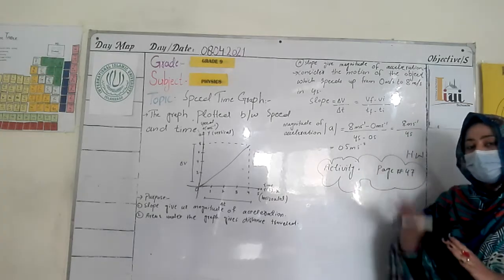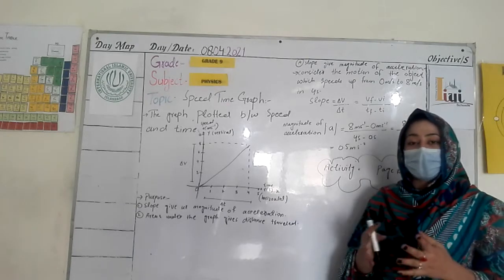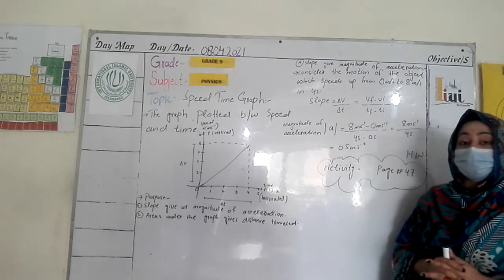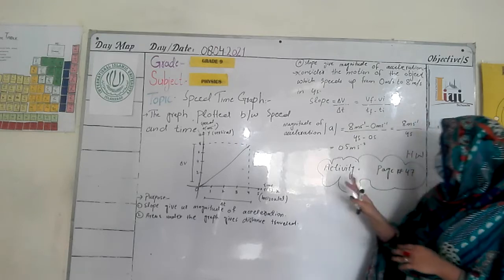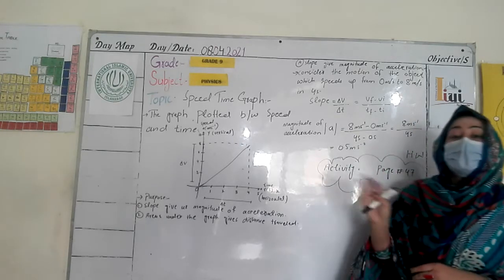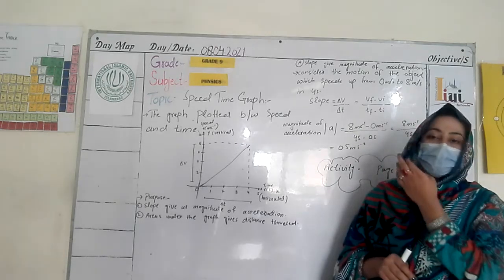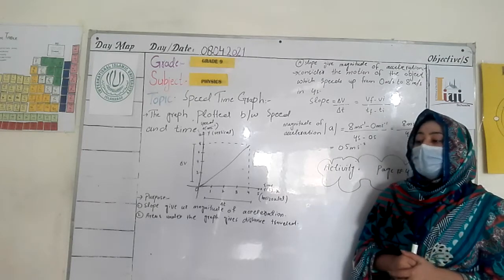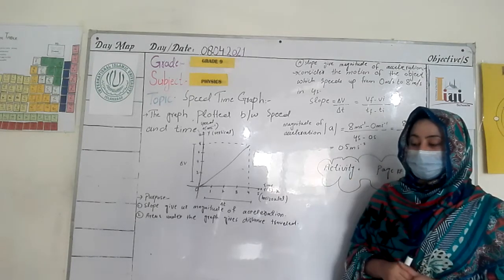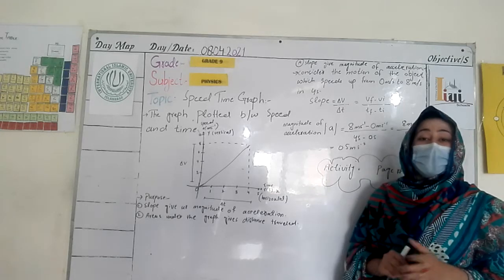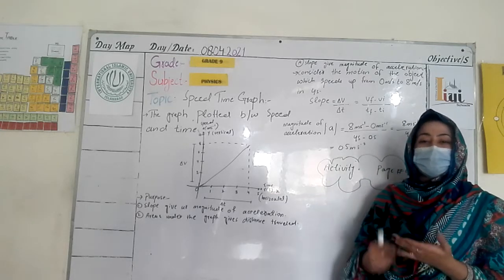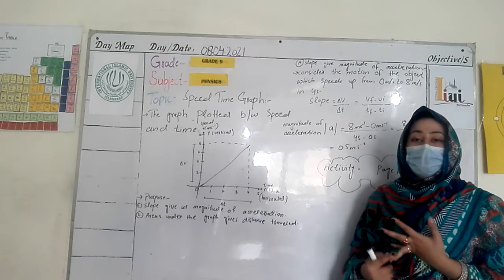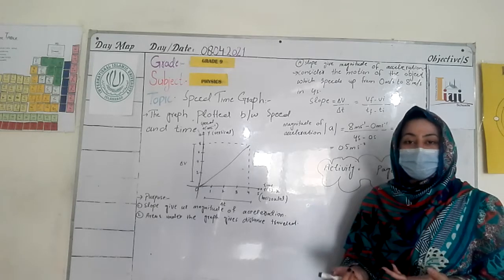I hope you all understand this topic, and I have homework for you. Take out your books, page number 47. There is an activity showing different speed time graphs, and I will also discuss zero speed, uniform speed and variable speed.